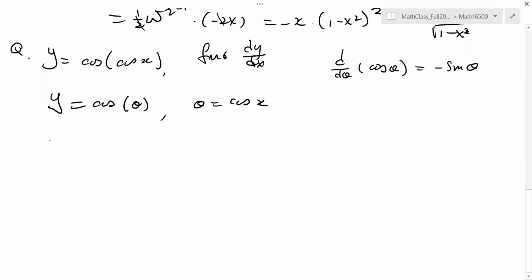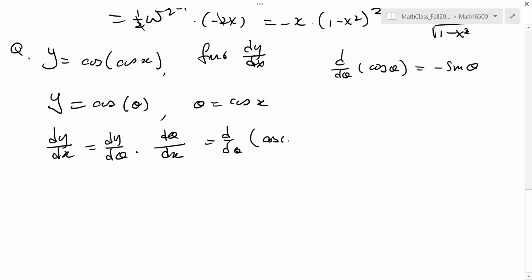Okay. So dy over dx, that's a derivative of cosine theta with respect to x. You cannot just say it equals negative sine theta. So you have to write the derivative of y is a cosine theta, and this is a derivative of theta.